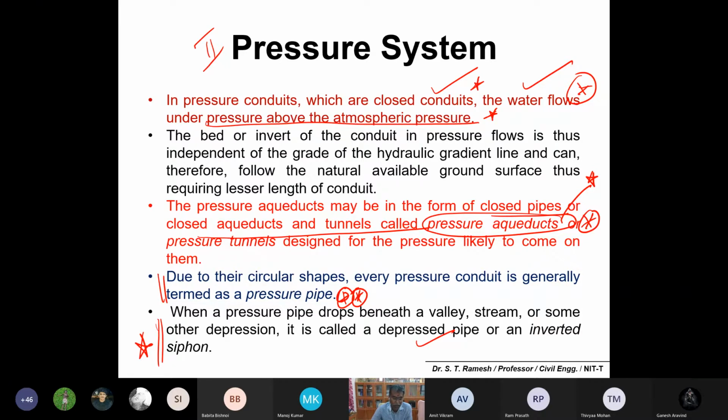These pressure conduits may be built in the form of closed pipes, which you can simply call pressure aqueducts, or otherwise pressure pipes. And when the pressure pipe drops beneath a valley or a river or some other depression, that is called a depressed pipe or inverted siphon. Please make a note on inverted siphon.